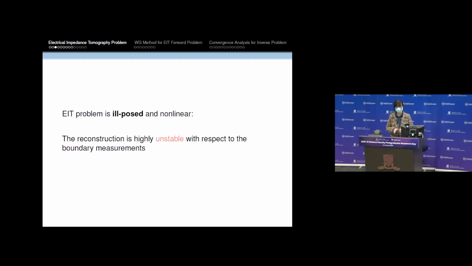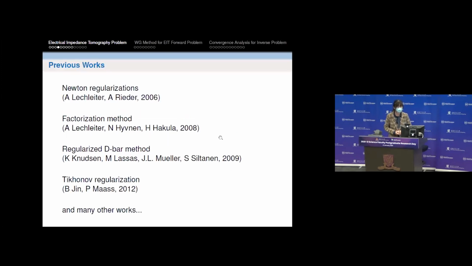It is the same kind of problem that Fuqun just introduced. Therefore, to deal with such ill-posedness, we need to find some regularization method. Previously, there have been Newton's regularization, factorization method, Tikhonov regularization method, and so on. In this work, we use a regularization method based on bounded variation, and we will discuss it later.